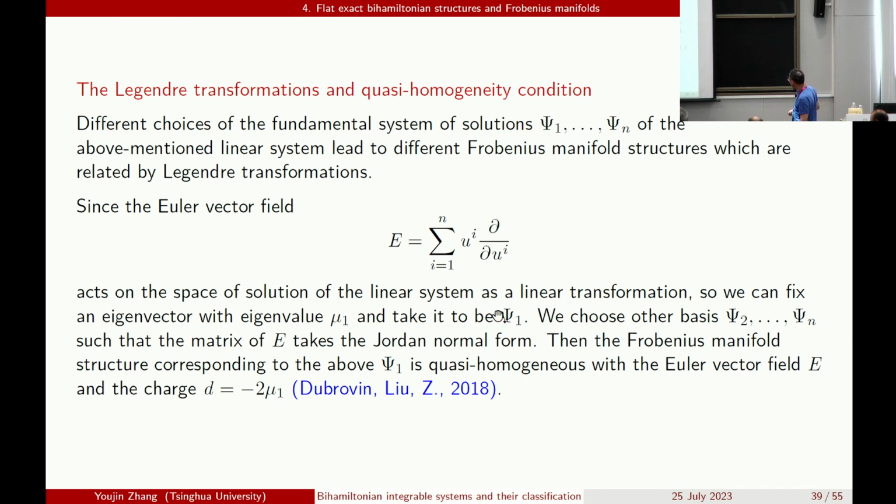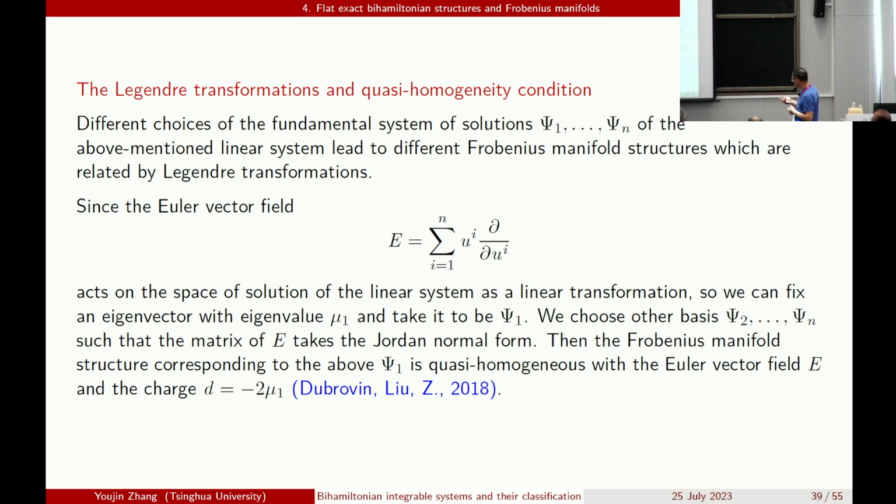We can choose psi_1 as eigenvectors of the action of the Euler vector field E. Then we choose psi_1 to psi_n as a matrix corresponding to the Jordan normal form of this matrix.